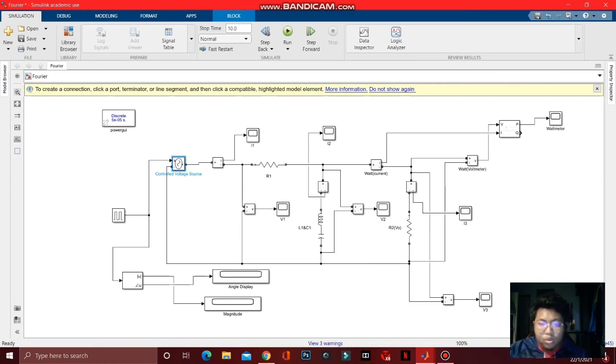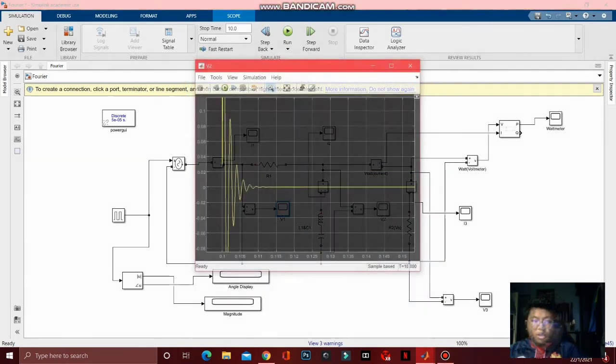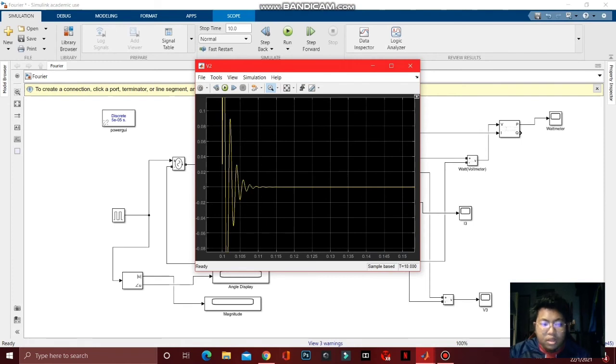Next we look to the voltmeter. So for V1 we get about 2 volts, which is exactly the same as we get in the manual calculation. Then we continue to V2, and as we look in here, the result is about 0.08 volt.